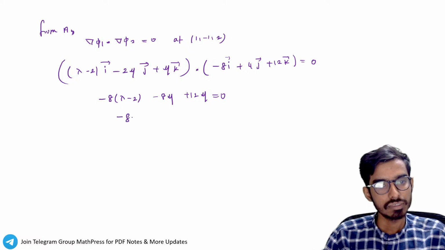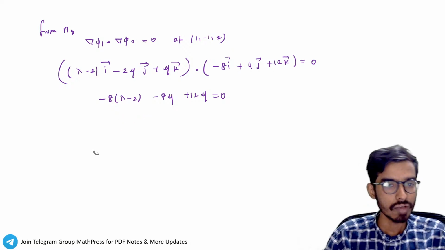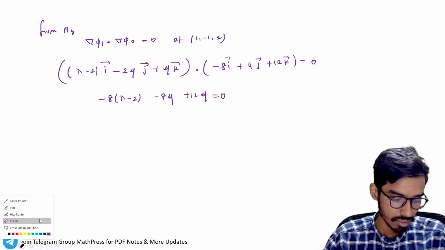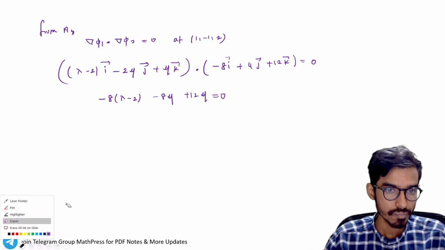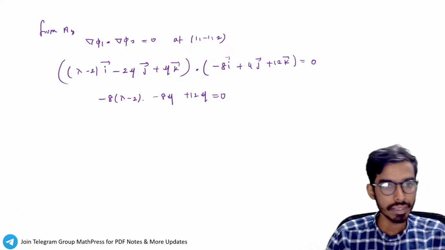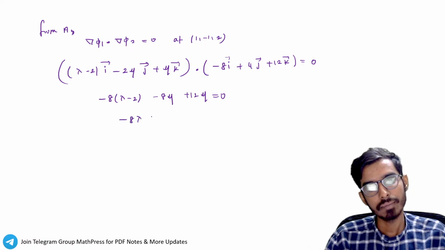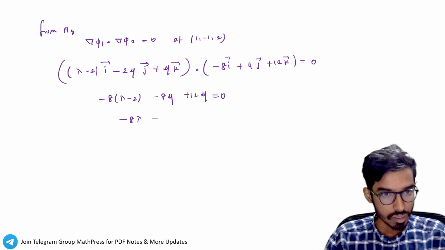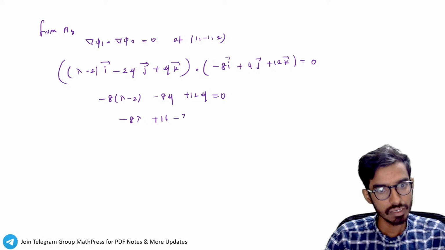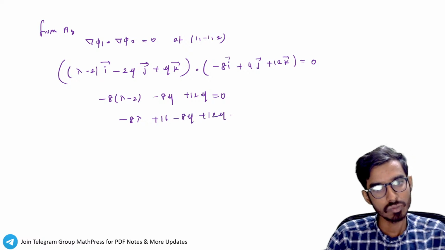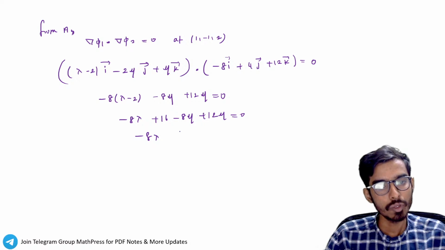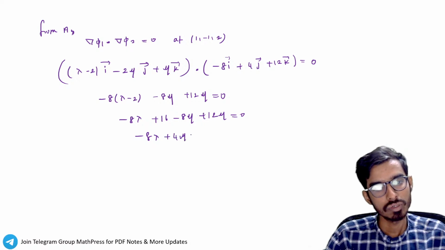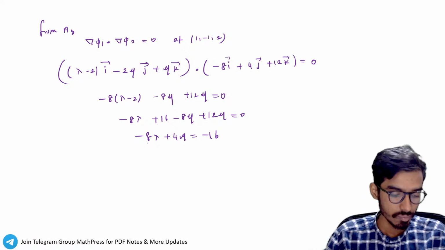So that means minus 8 lambda. I can also take this 4 outside. Minus 8 lambda plus 16, minus 8 mu plus 12 mu is equal to 0. Minus 8 lambda, 12 mu minus 8 mu is 4 mu, is equal to minus 16.